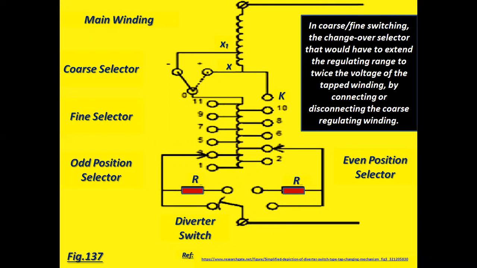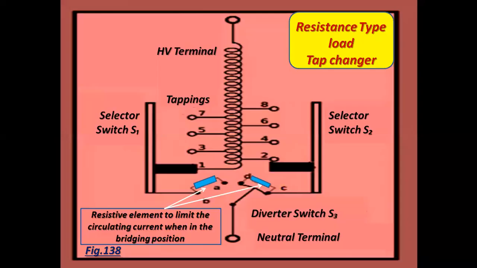This resistance R is the transition resistance. Resistive type load tap changer. These two are the resistive elements to limit the circulating current when in the bridging position.